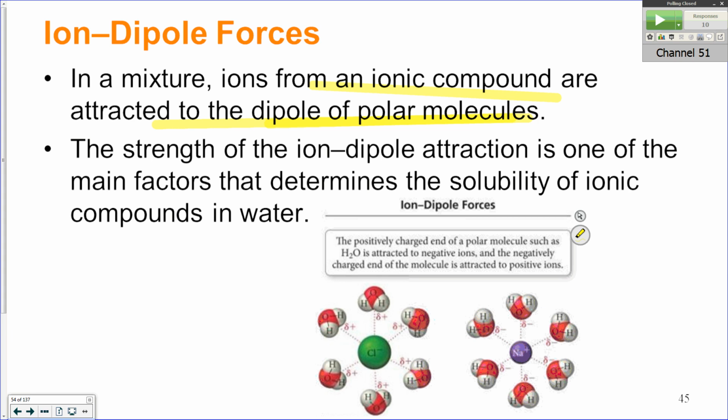A classic example of this is whenever you take an ionic substance and dissolve it in water. If I look at something like sodium chloride, it's got the negatively charged chloride anion, and it will attract the water molecules, but the water molecules will orient so that the positive portion of the molecule is pointed inwards towards the negatively charged anion, because opposites attract.